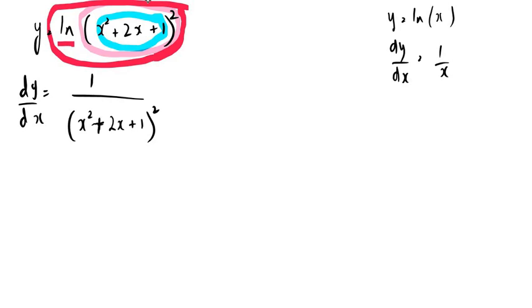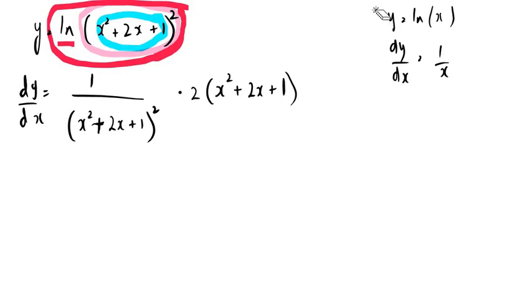So let's first get the derivative of the mother function. So ln of anything is 1 over (x squared plus 2x plus 1) squared. I told you, as we do the derivative of the mother function, we keep everything else the same.